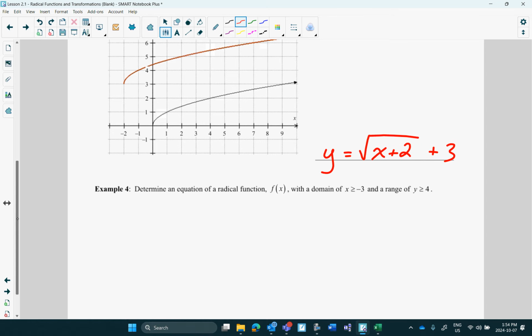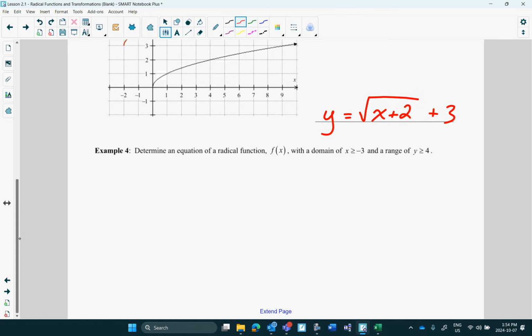And this last one's going to make you think a little bit. What would be an equation of a radical function if the domain was x is greater than or equal to -3 and the range was y is greater than or equal to 4?